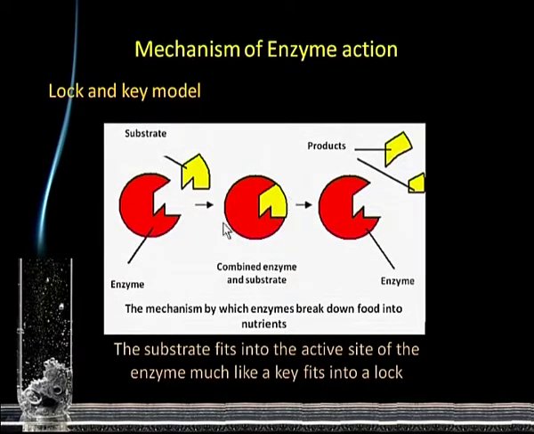Enzyme will break down the molecule into fragments. If it is food, it breaks down into nutrients. Very interesting, isn't it? But the enzyme's structure in this particular case, like lock and key, was thought to be rigid. Not necessarily.